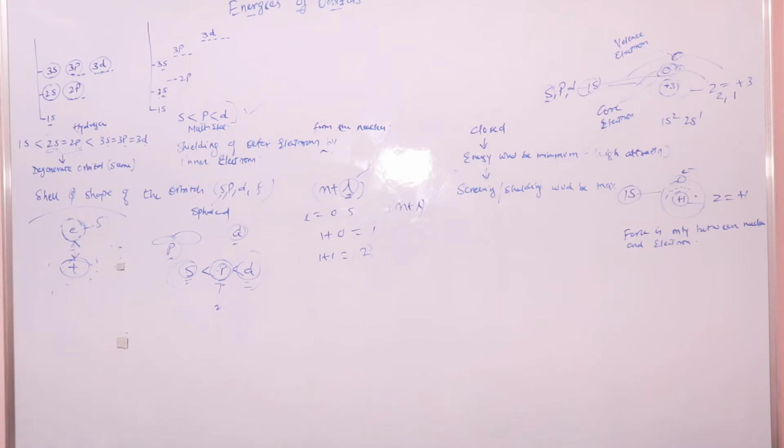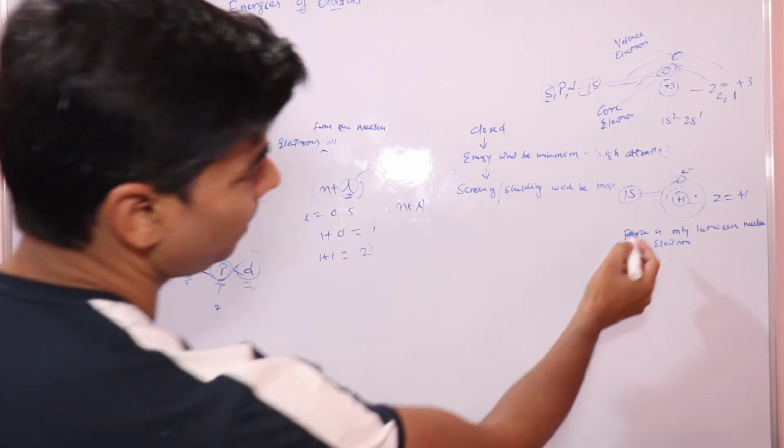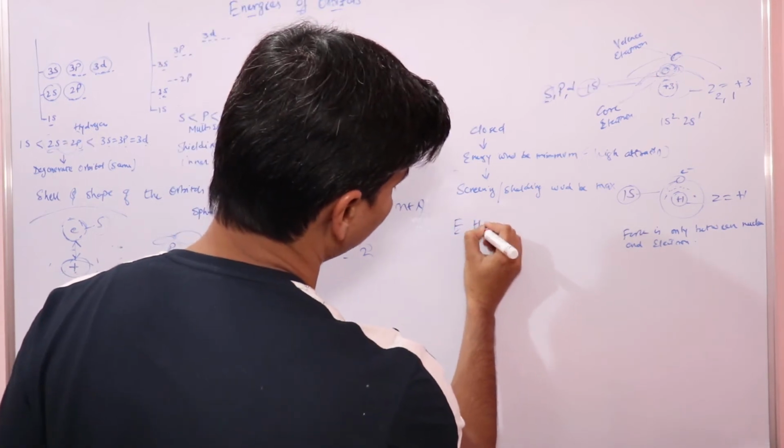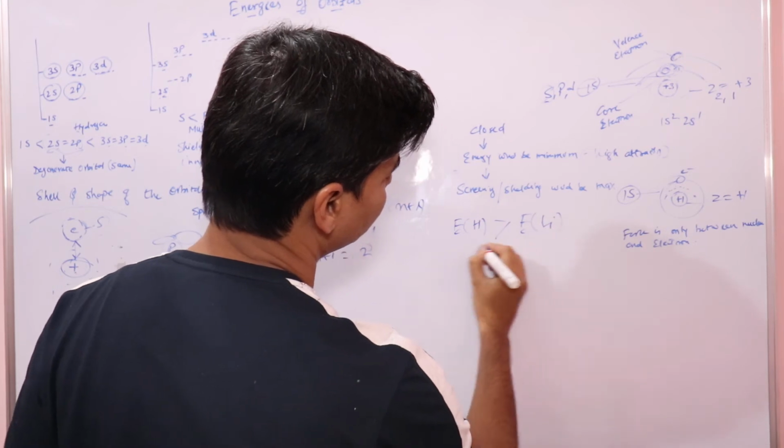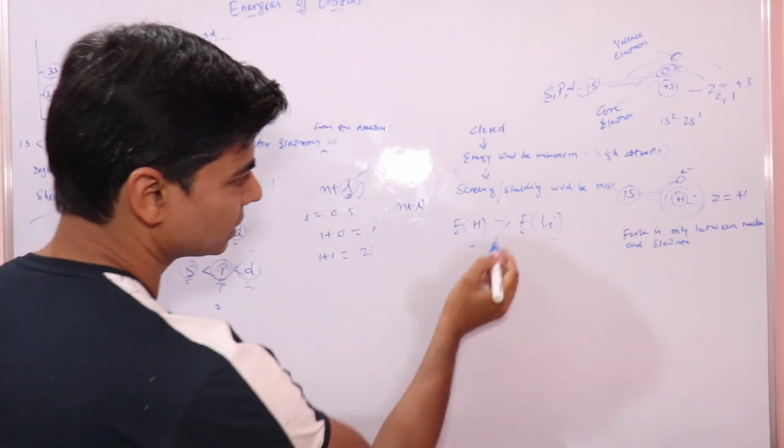right? So the energies of orbitals in the same subshell decrease in case of an atom that has a high atomic number, that is lithium, right? It would be less. So we say that the energy in case of hydrogen atom is greater than the energy in case of lithium atom. This is what it means. Why does this happen?